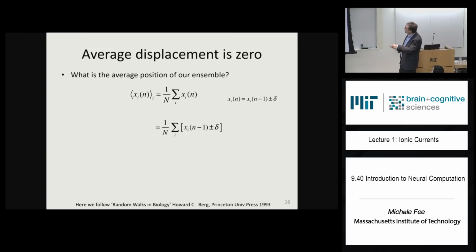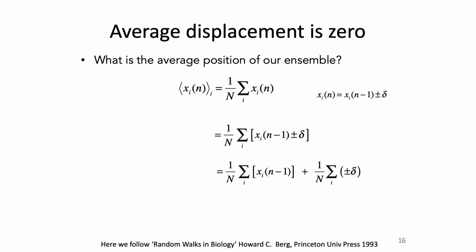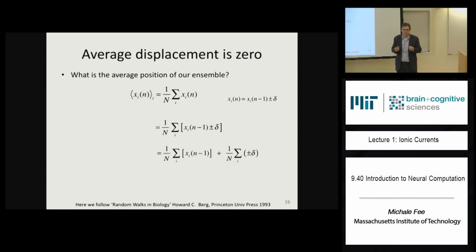But we have two terms. We have this term and that term. Let's break them up into two separate sums. So this is equal to the sum over the previous positions plus the sum over how much the change was from one time step to the next. Does that make sense? But what is this sum? We're summing over all the particles how much they changed from the previous time step to this time step. Well, half of them moved to the right and half of them to the left.